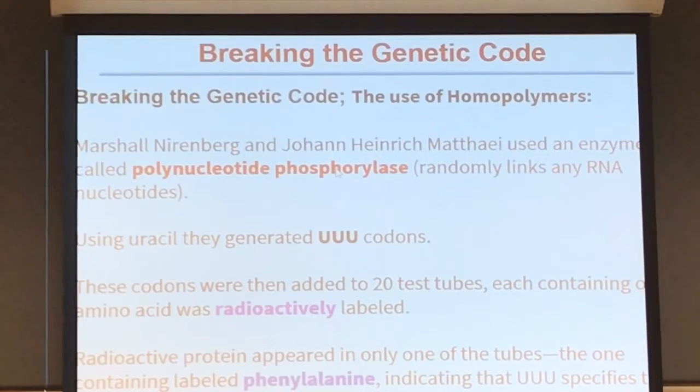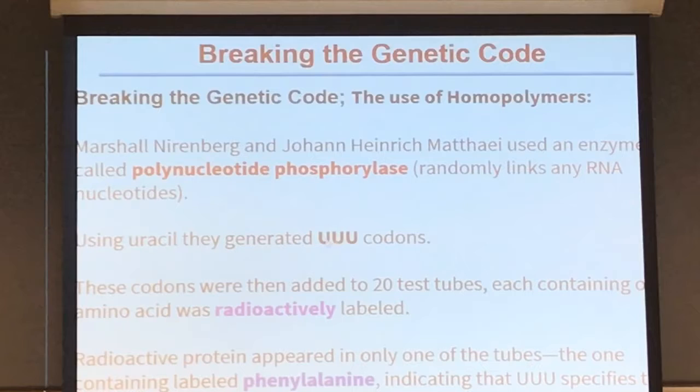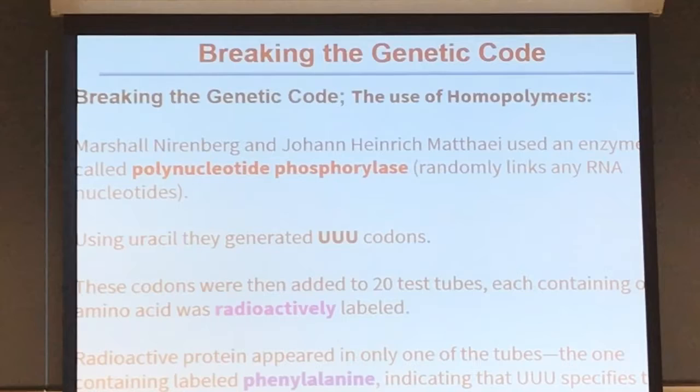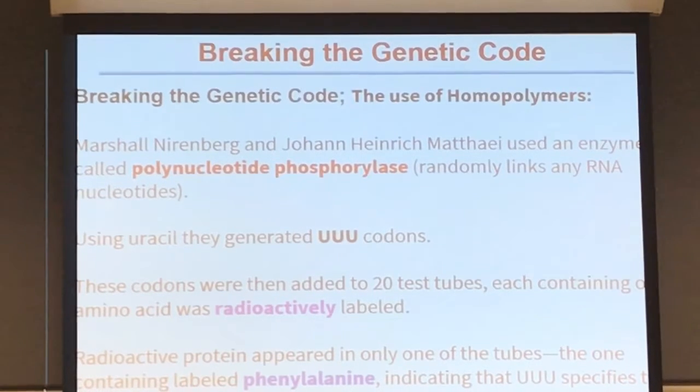The ability of this enzyme is that no matter which nucleotides you give it, it links them up and forms a very long thread. In this case, they just gave it uracil. Let's say they gave a few thousand uracil nucleotides and added the enzyme polynucleotide phosphorylase. The enzyme will add up all these nucleotides one next to another and create a chain of uracil nucleotides, which probably stretches a few hundred or few thousand nucleotides.